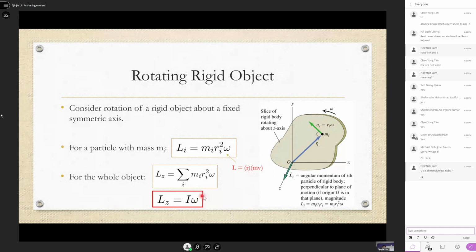And by looking at this equation, do you find some similarity with the linear counterpart? Linear momentum equals mass times velocity. Now we have angular momentum equals moment of inertia times angular velocity. Basically, same thing again. Whatever linear quantity you change to the angular quantity, the equation is again true.